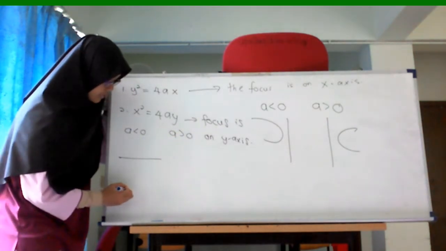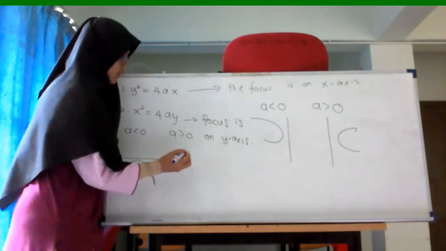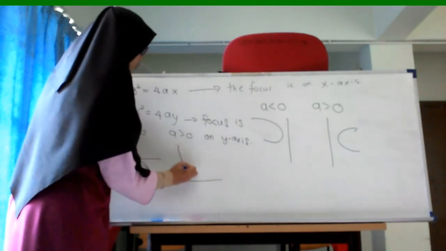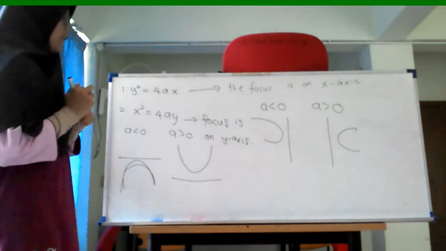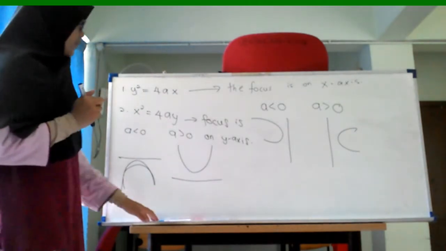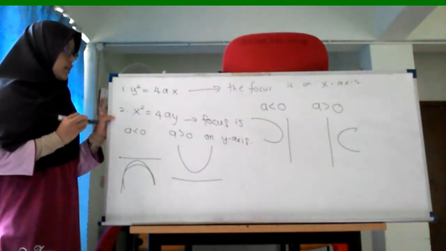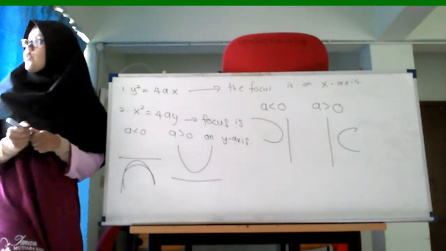Okay, for the directrix of equation number 2, which is x squared equal to 4ay, the directrix will be y equal to negative a, and the focus will be (0, a).